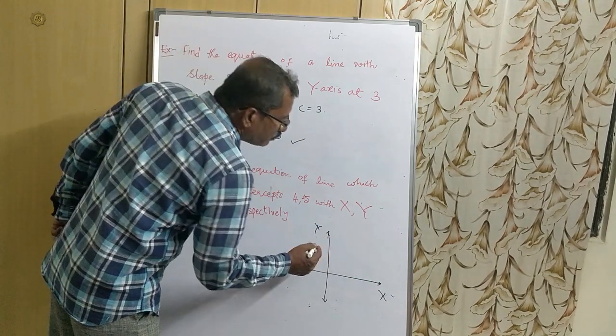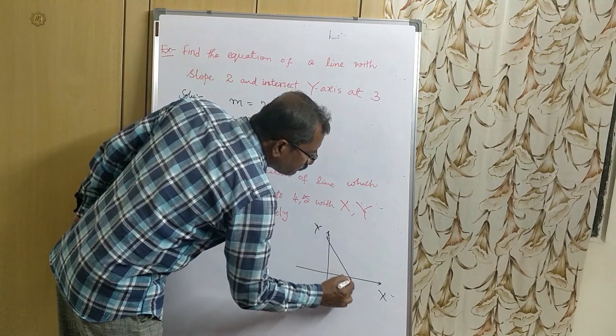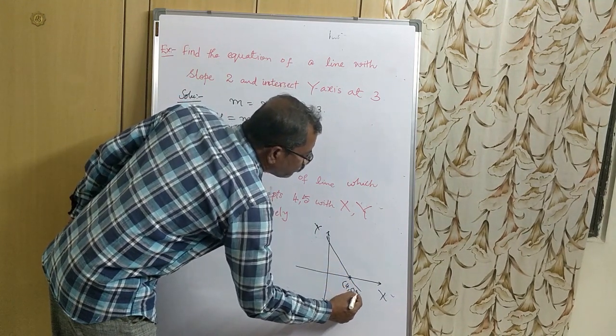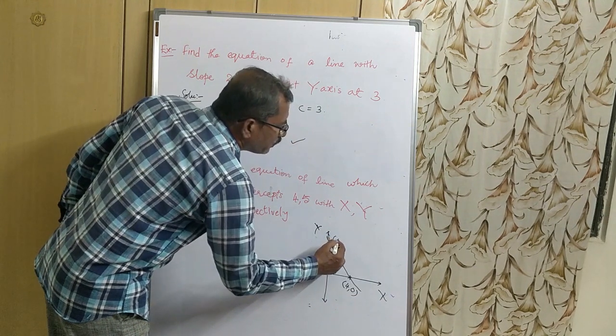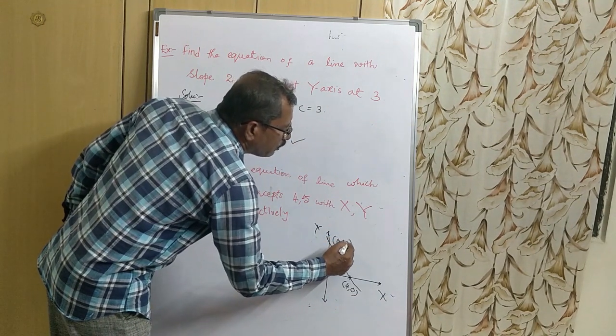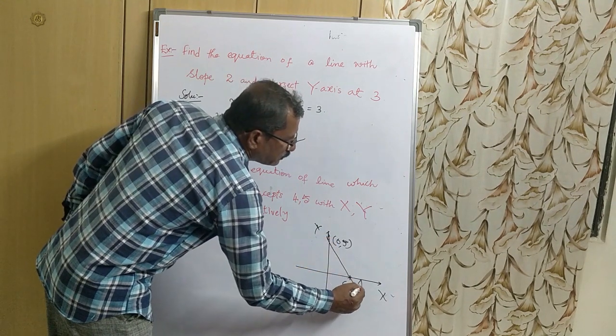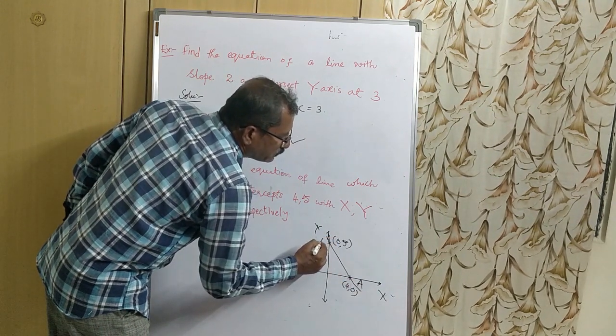The line intersects the x-axis at 4, 0 and the y-axis at 0, 5. Say this one is A and this one is B.